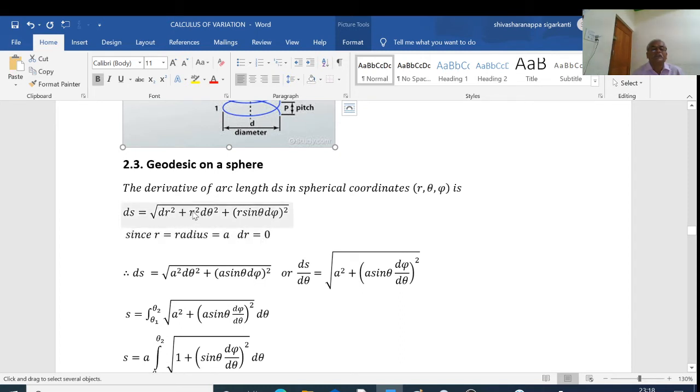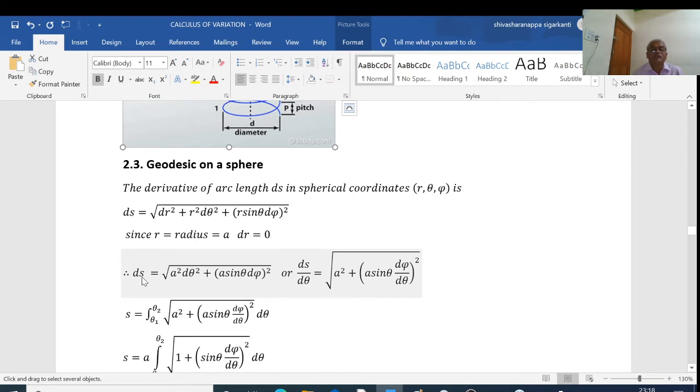Then this is equal to a square d theta square plus a sin theta d phi square, or ds by d theta is equal to root of, taking d theta square common factor, d theta outside, a square plus a sin theta into (d phi by d theta) square.